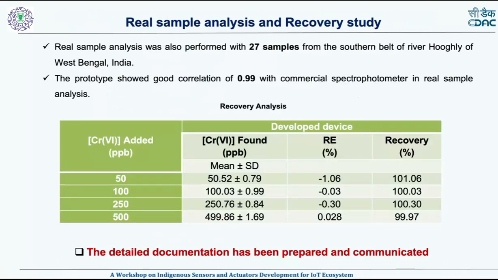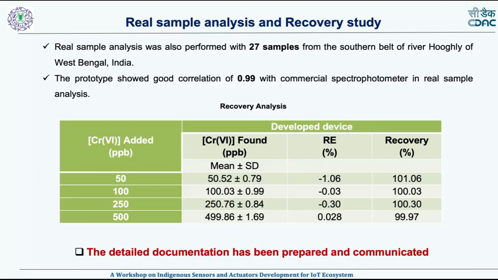This is the recovery of chromium from samples, and we found that around 99% to 100% of chromium can be recovered. Other than chromium, we are also testing arsenic, tetracycline, and pathogenic bacteria.